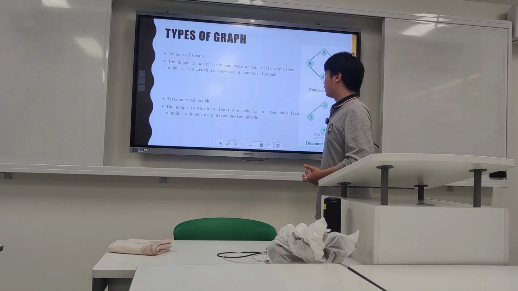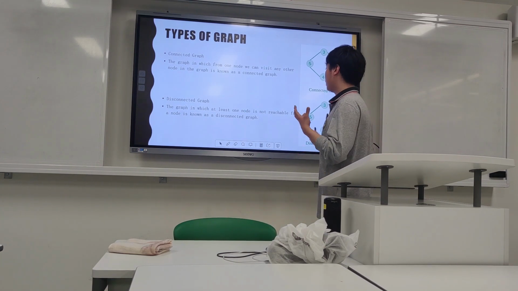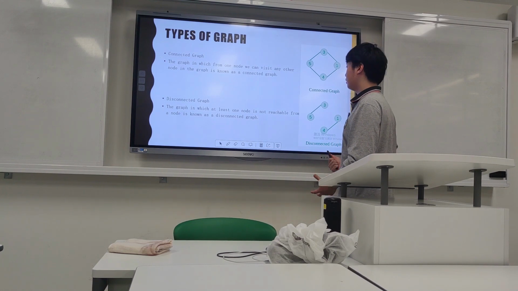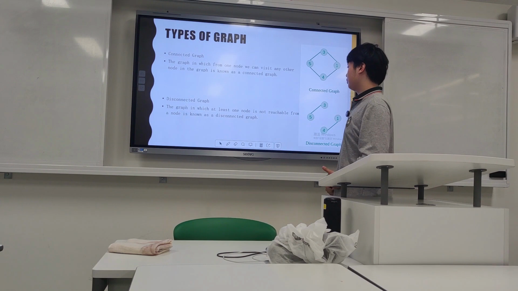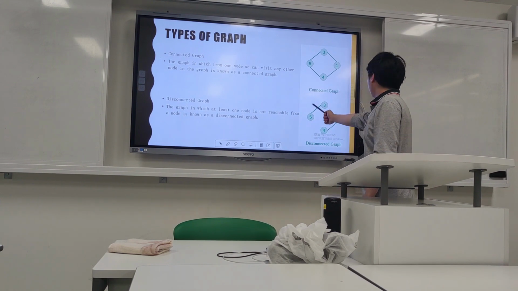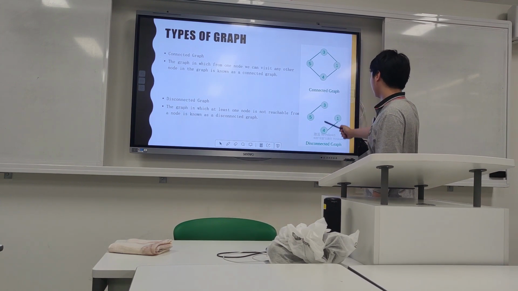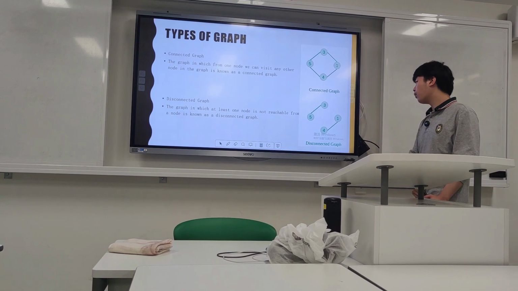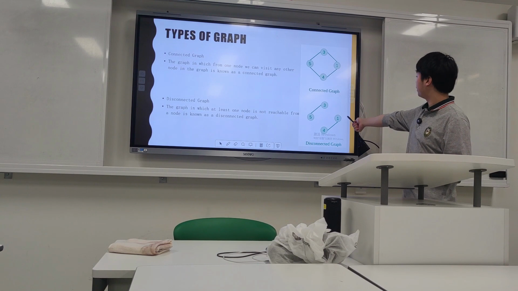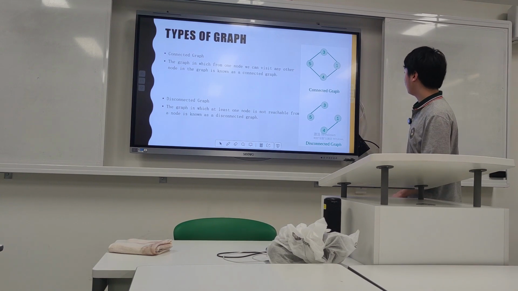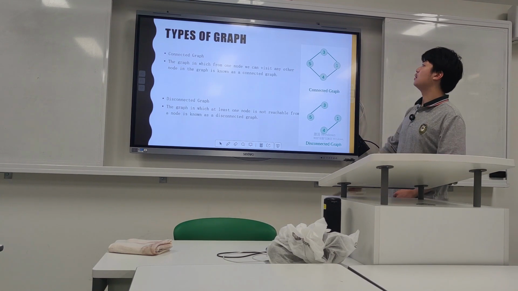This is a disconnected graph: a graph in which at least one node is not reachable from other nodes. For example, here 5 and 3 are connected, and 1 and 4 are also connected. However, you cannot reach 1, for example, from 3. So you can also see this as two distinct graphs.